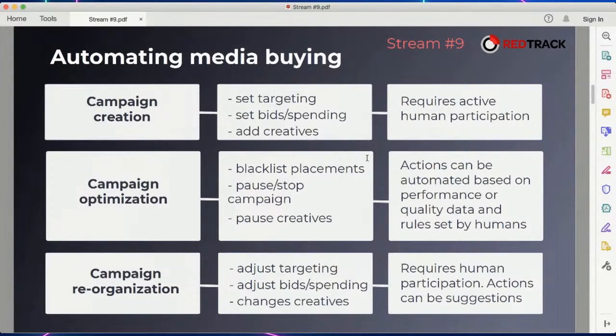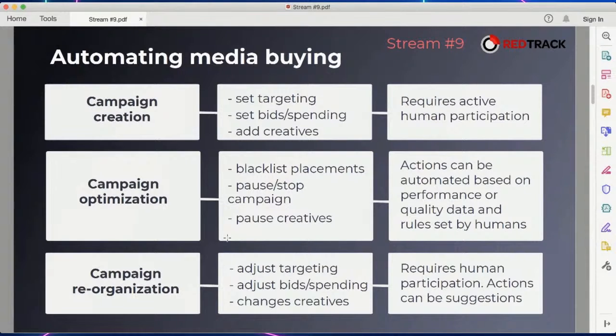Campaign creation and campaign reorganization, those two steps are important to help you get more revenue. Blacklisting placements, pausing campaigns, removing creatives actually prevent you from losing revenue. They stop something that is not working.